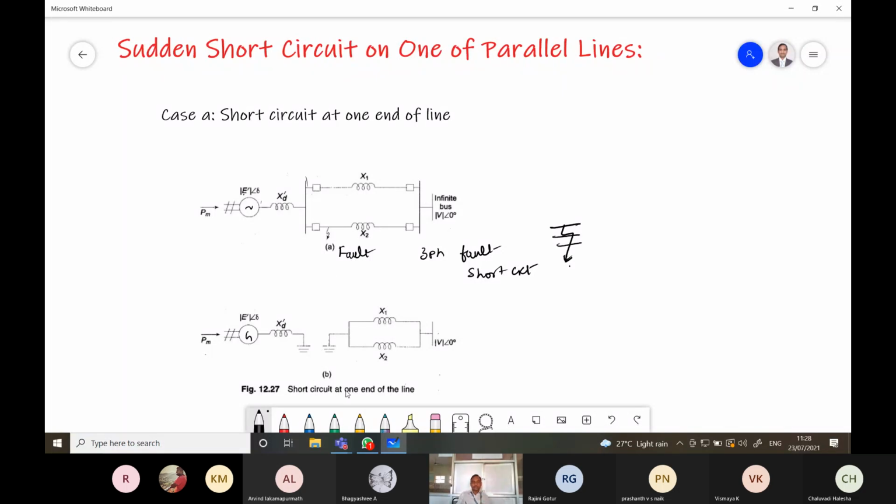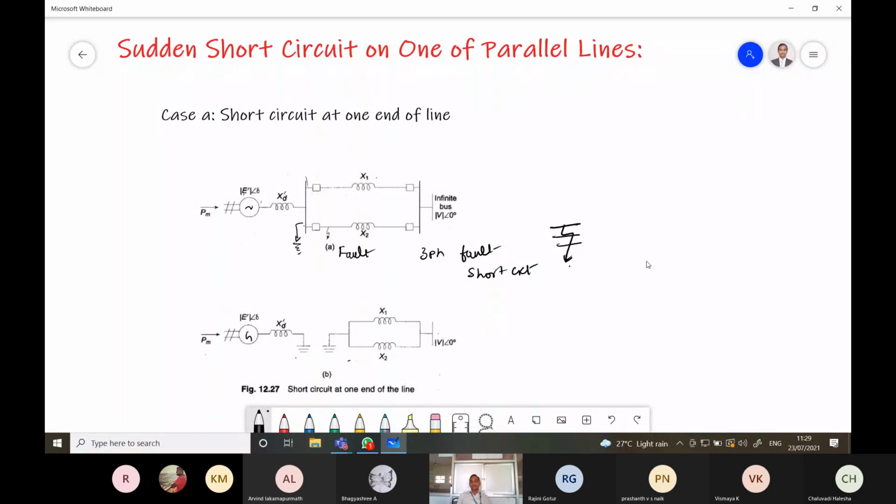So that is a short circuit at one end of the line. The short circuit occurs here, and because of this, this will be grounded. The fault is also here. It means XD dash with ground. This will be separate, with X1 and X2 two reactances. The fault is there with respect to the ground, so we can write like this.